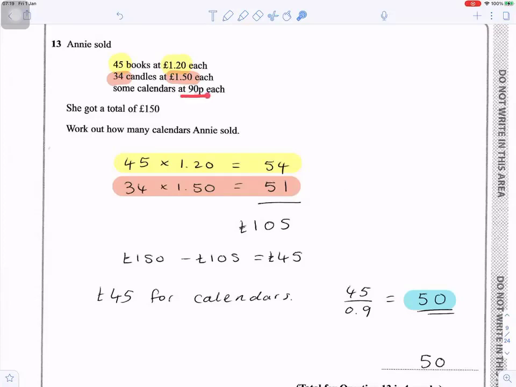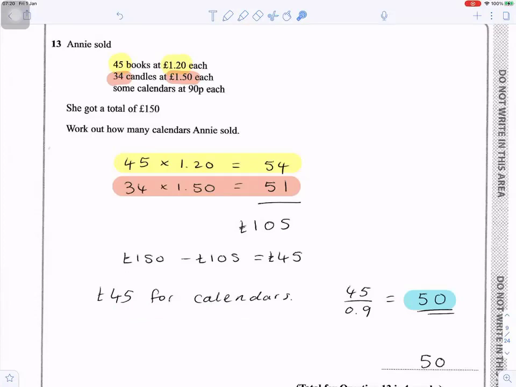And some calendars are 90 pence each. She got a total of £150, so let's see how much is left. 150 minus £105 gives you £45. So £45 is the amount that Annie needs to spend on calendars.